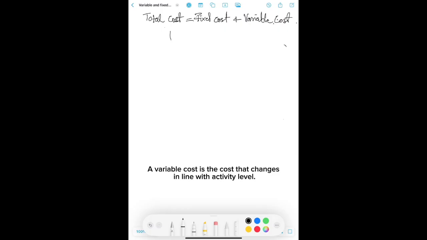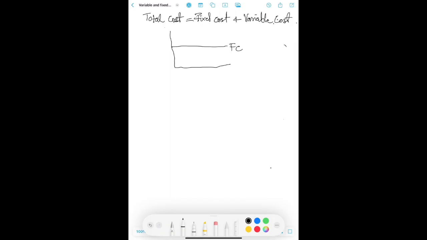The diagram for a fixed cost is like this. It remains stable. So let's say your fixed cost, your rent, is 10,000 naira. It will not change. It will remain 10,000 naira whether you produce 10 units, 20 units, or 30 units.